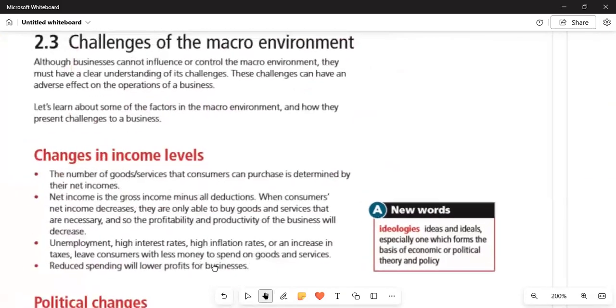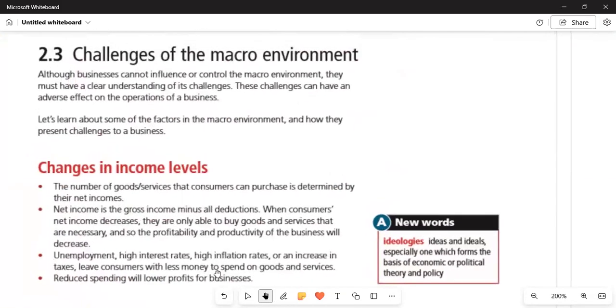So now we are under challenges of the macro environment. As it says, although business cannot influence or control the macro environment, they must have an understanding of its challenges. These challenges can have an adverse effect on the operations of business.